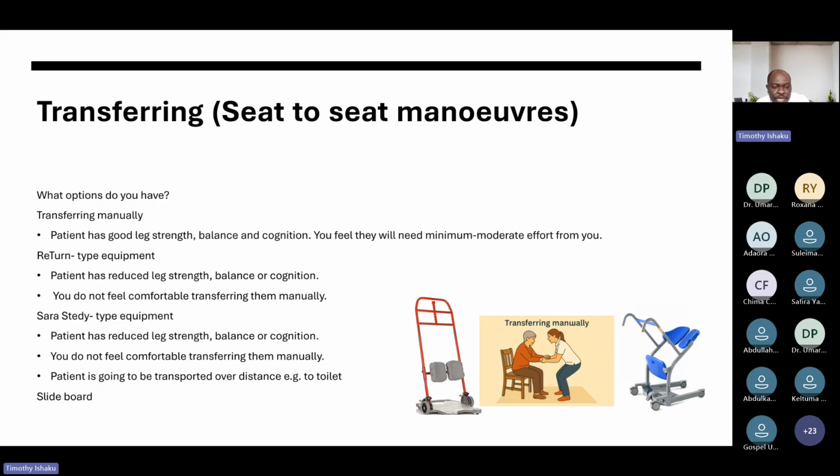The same principle applies as for the patient turner: you position the patient at the edge of the bed, which is a different manual handling process, and you put their foot placement on the plate down.